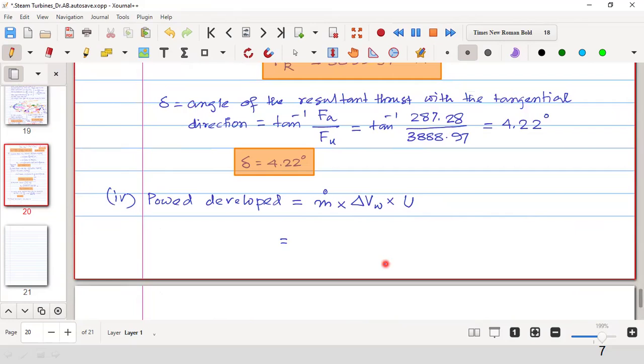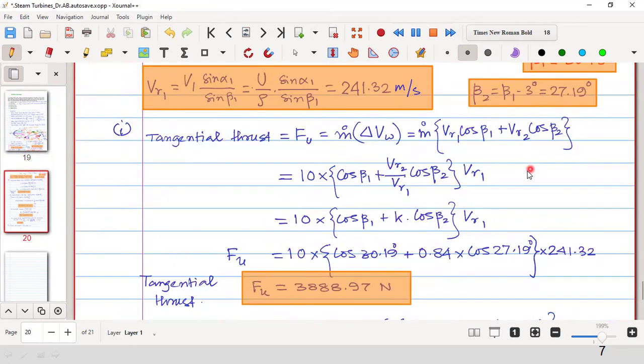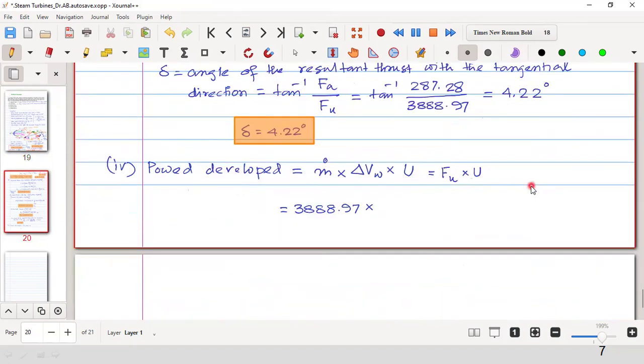Therefore, it is Fu multiplied by U. So what is that? 3888.97 multiplied by U. U is how much? We have calculated 52.5 pi meter per second.